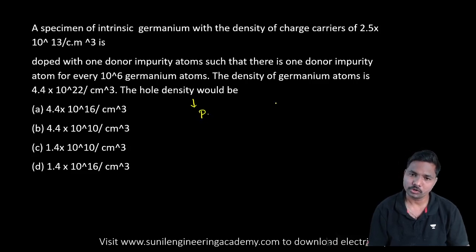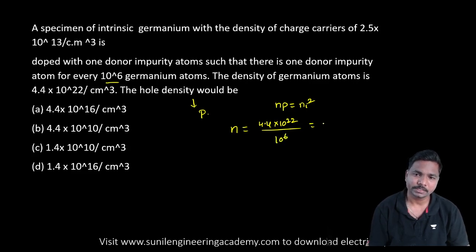We know np is equal to ni square. What is n they have given? n is the density of germanium atoms divided by 10 power 6, so that is 4.4 into 10 power 16.